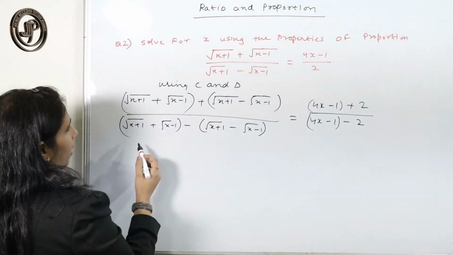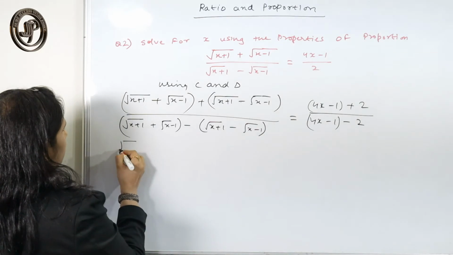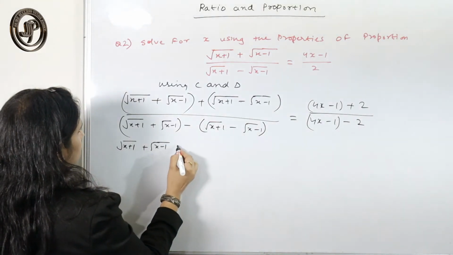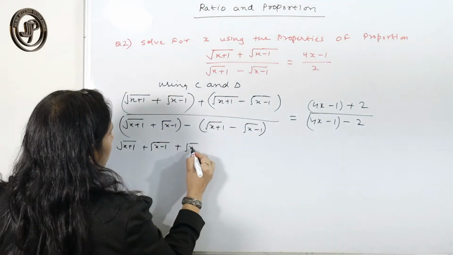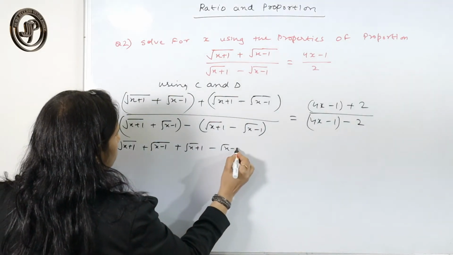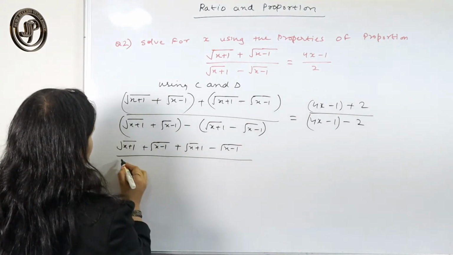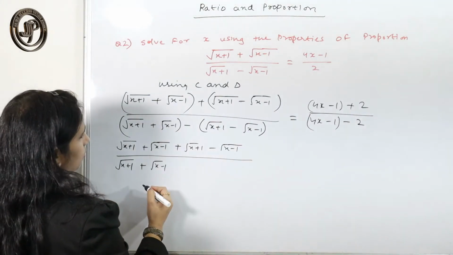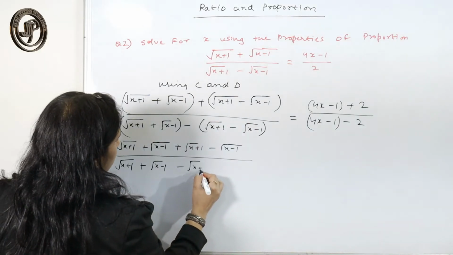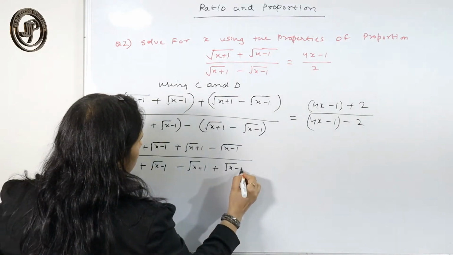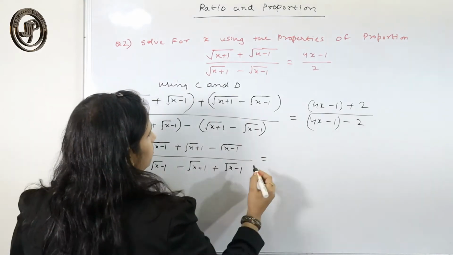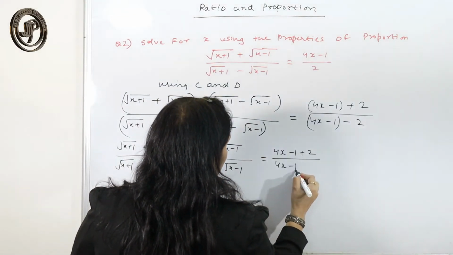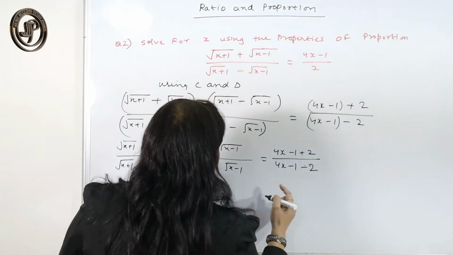Now if we open the bracket, then what will happen? Here x plus 1, x minus 1, x plus 1, x minus 1. Here 4x minus 1 plus 2, 4x minus 1 minus 2.